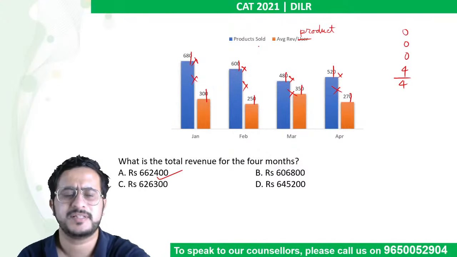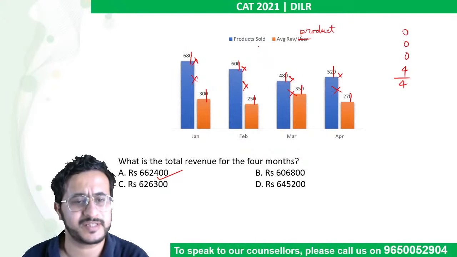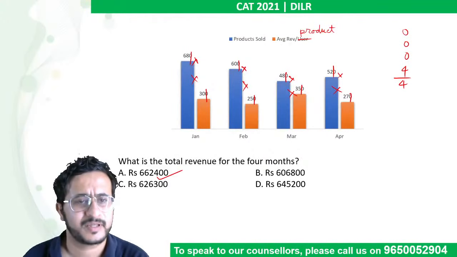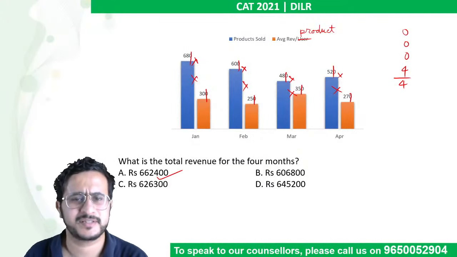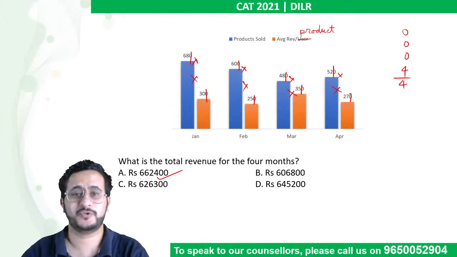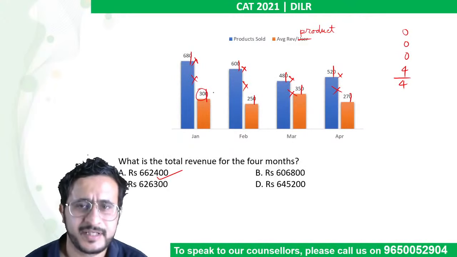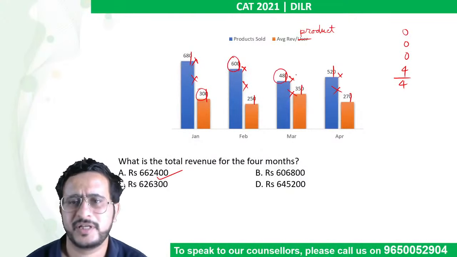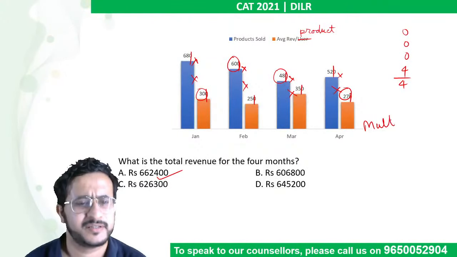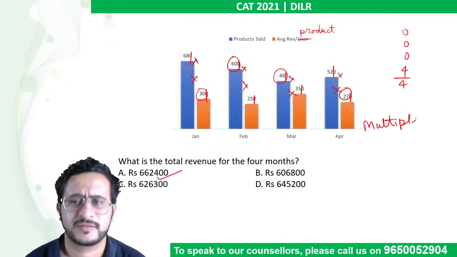Did you notice something in these numbers? So I'll tell you what to notice. This is 30, 60, 48, 27. All are multiples of 3. All are multiples of 3.